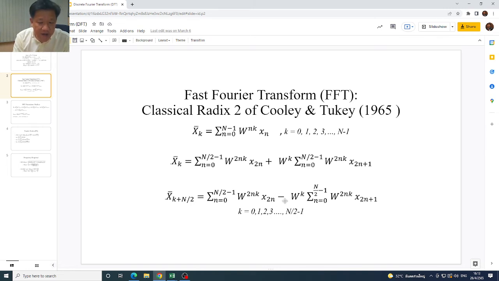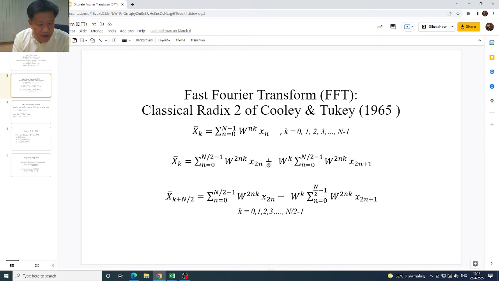This is the clear explanation of how you separate this summation into 2 terms, and only here you can see that k is reduced by half. You don't need to find it for all k anymore, because you can see that these 2 terms are the same. The summation of the remaining term is the same.